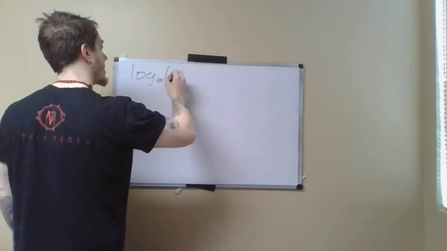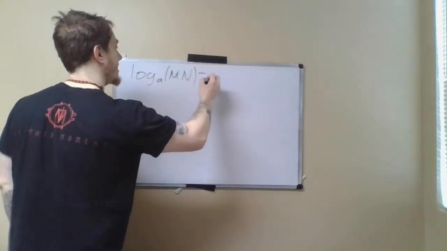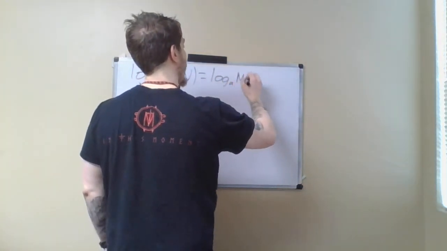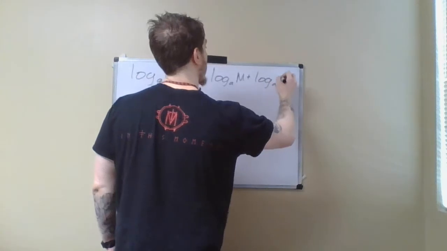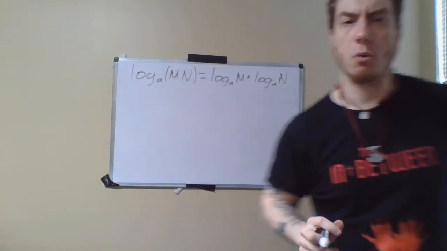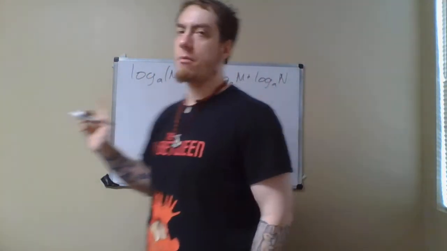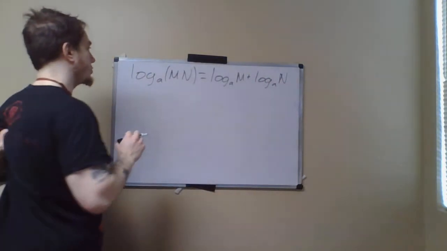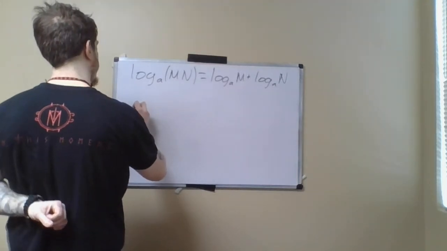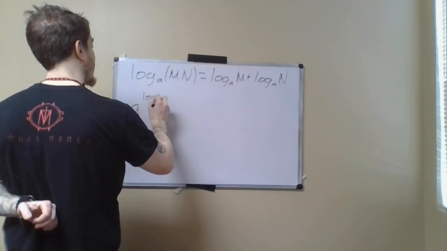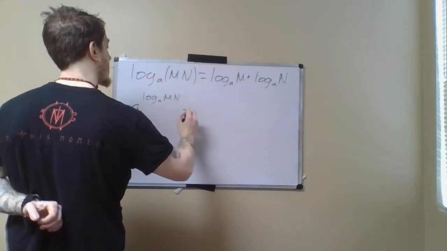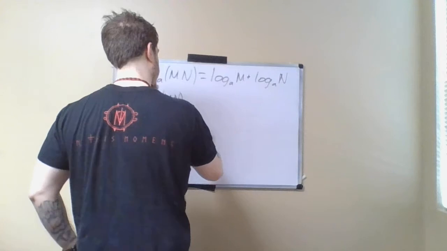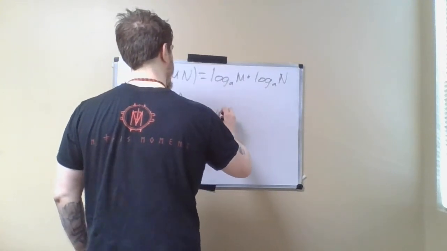log base a of m times n is equal to log base a of m plus log base a of n. And why is that true? Well, this follows from the properties of the exponential function, because you see a raised to the log base a of m times n should be equal to m times n.